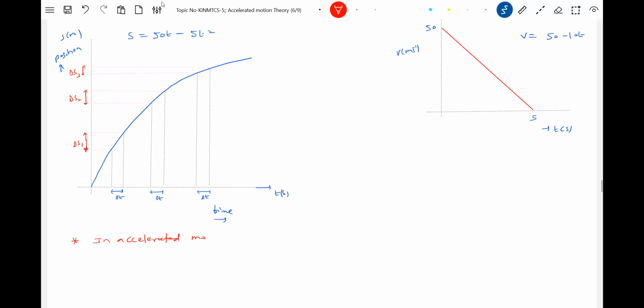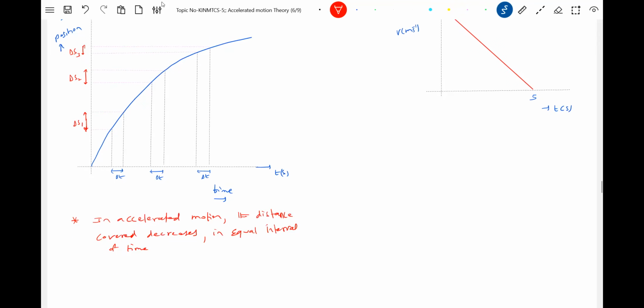In retarded motion, the distance covered decreases in equal intervals of time. So as the body moves, the distance covered decreases in equal intervals of time.